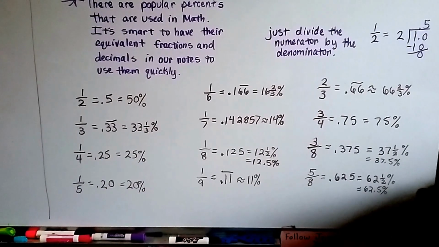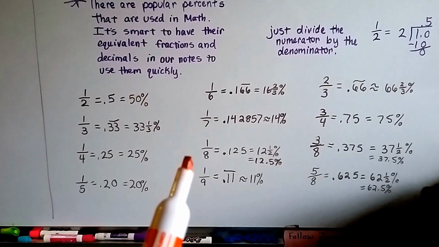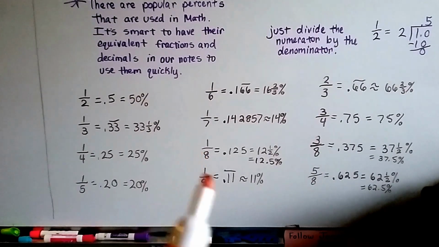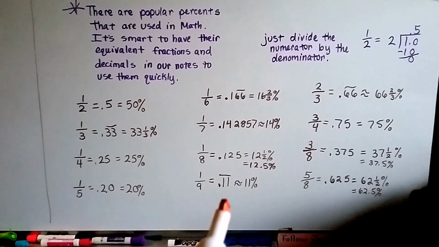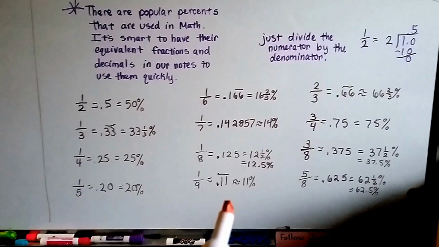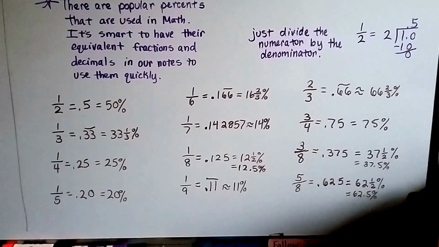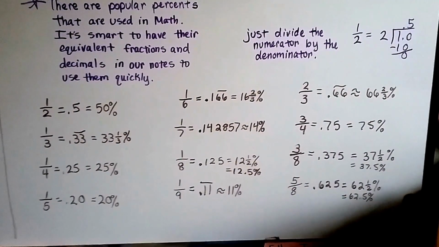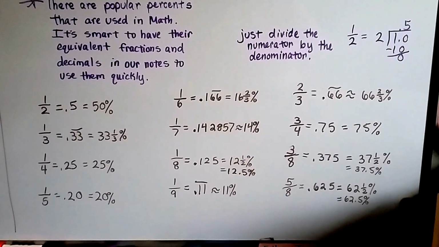An eighth is 0.125 or 12.5%. Either way you write this is okay. 1/9 is 0.11111, and the 1 keeps repeating, so it's approximately 11%. And 2/3 is 0.66, and the 6 keeps repeating, so that's approximately 66 2/3%.